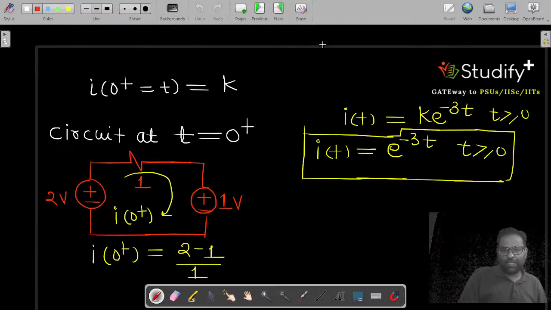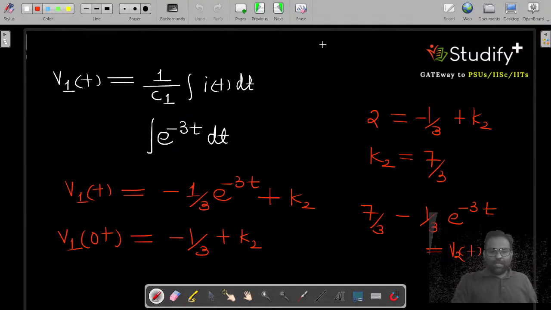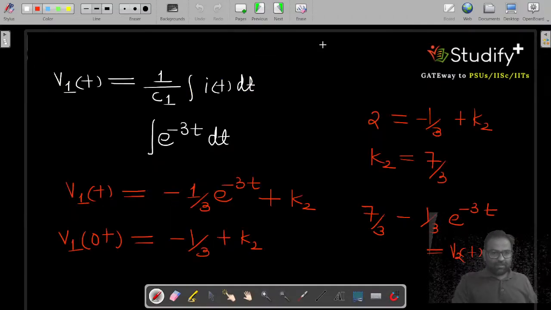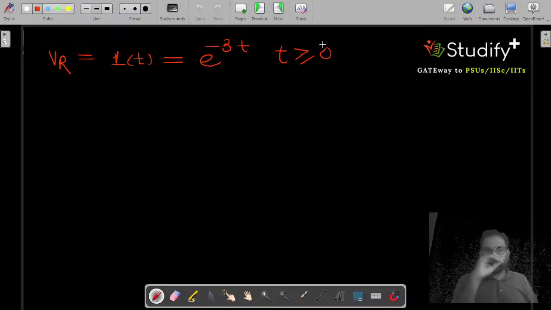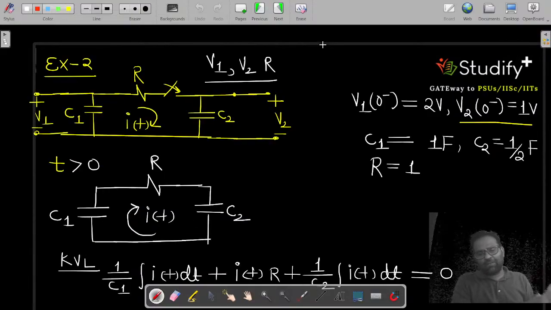So this is how we can calculate everything across every component of the circuit. This is how we can analyze our given circuit. I hope this analysis is clear.